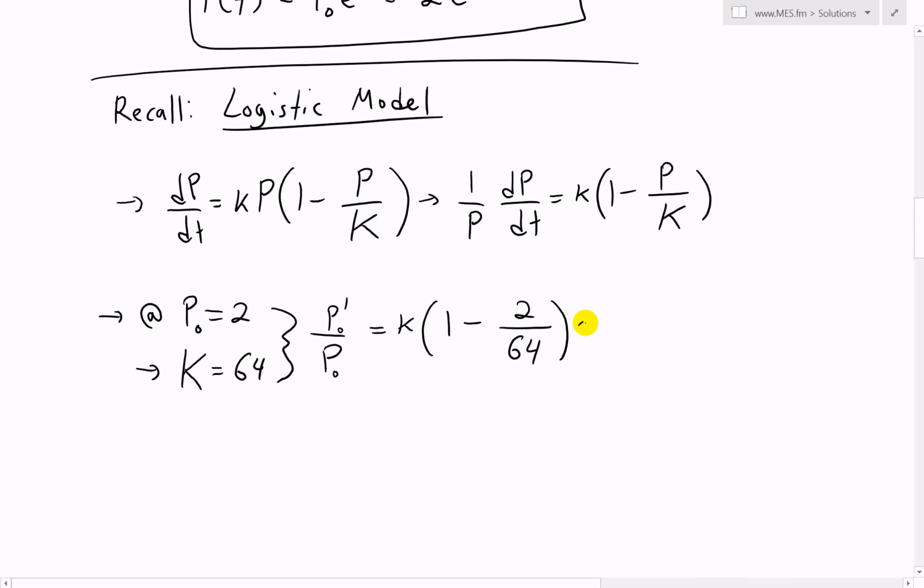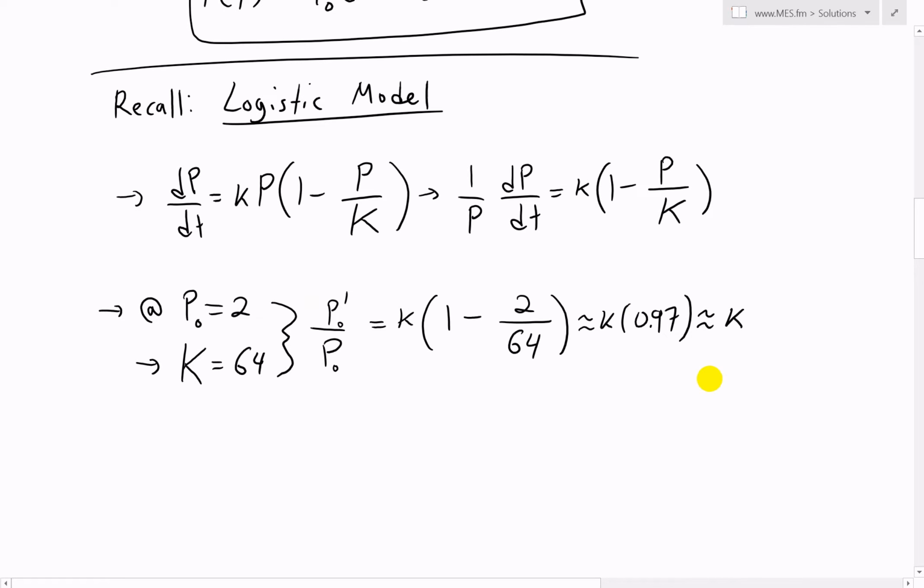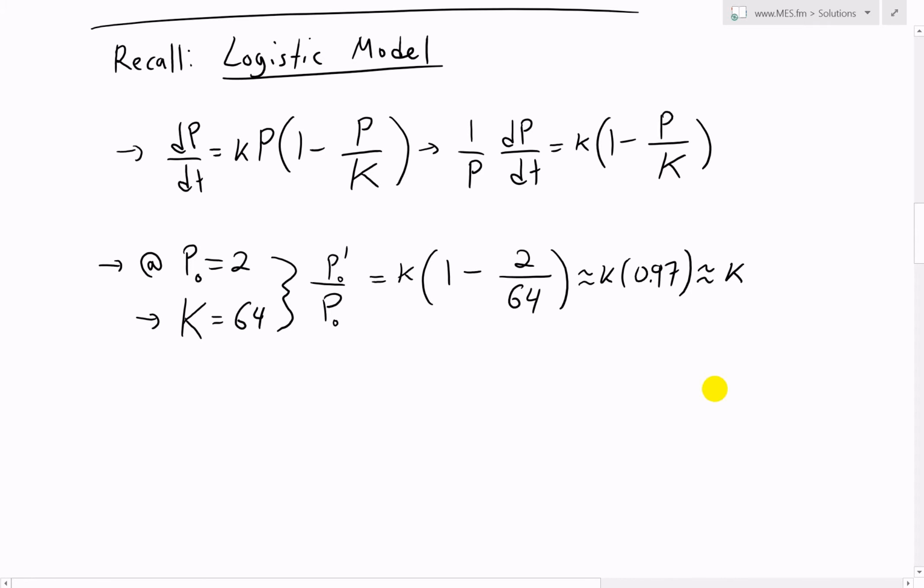So this is roughly equal to k times 0.97, which is close to 1 anyway. So this is relatively close to k, or the one used above. If we assume they're the same, this is still roughly close because it's about 0.97 times it. What this means is that Gauss's estimation is reasonable.